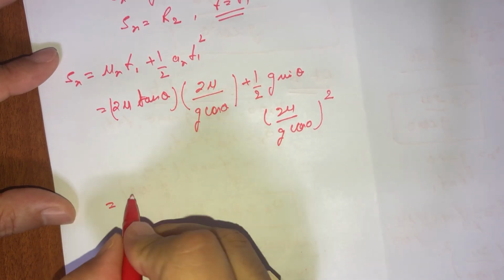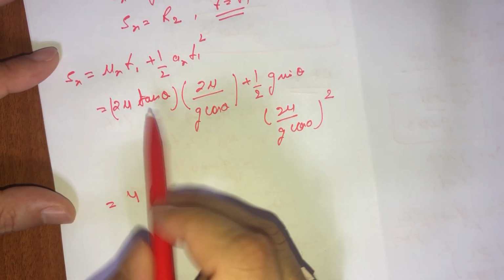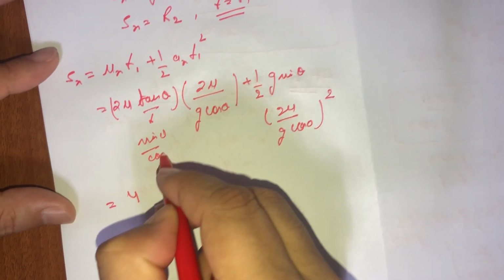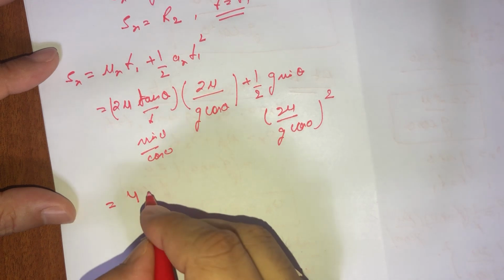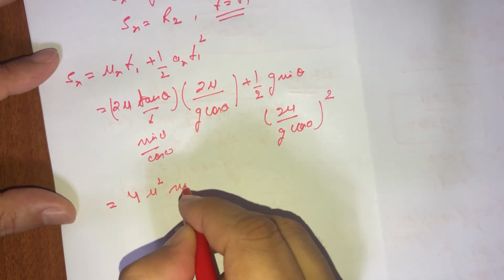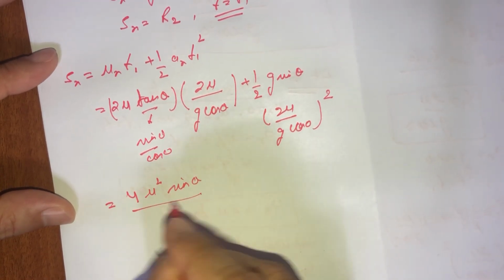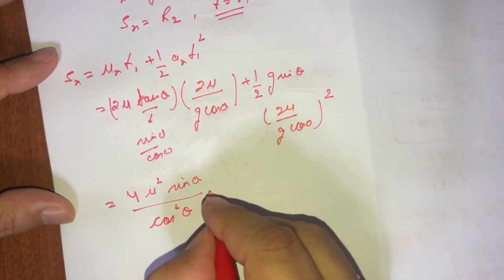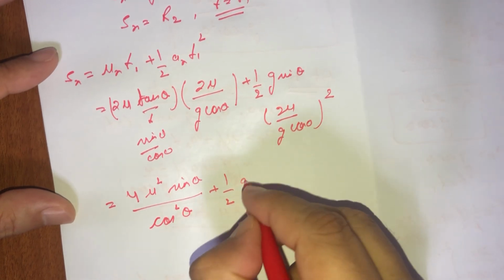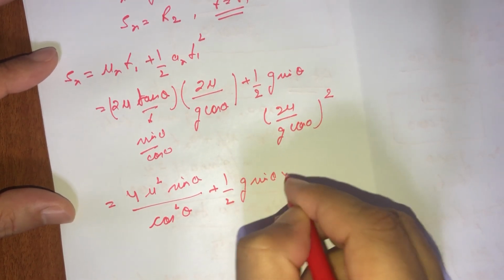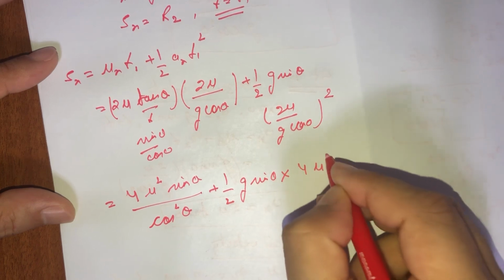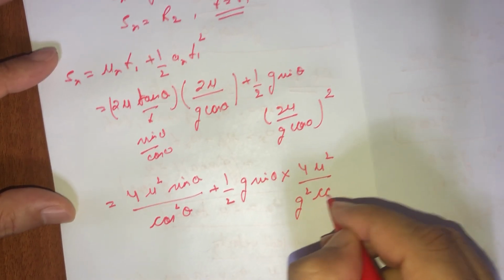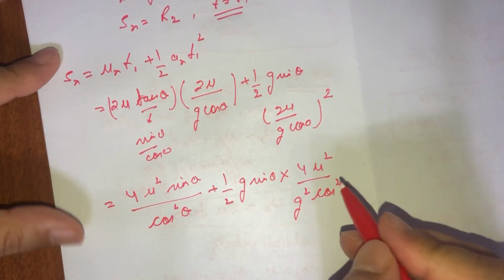So we can write this as 4u square. If we write tan as sin theta over cos theta, this comes as 4u square sin theta divided by g cos square theta, plus 1/2 g sin theta multiplied by 4u square over g square cos square theta.